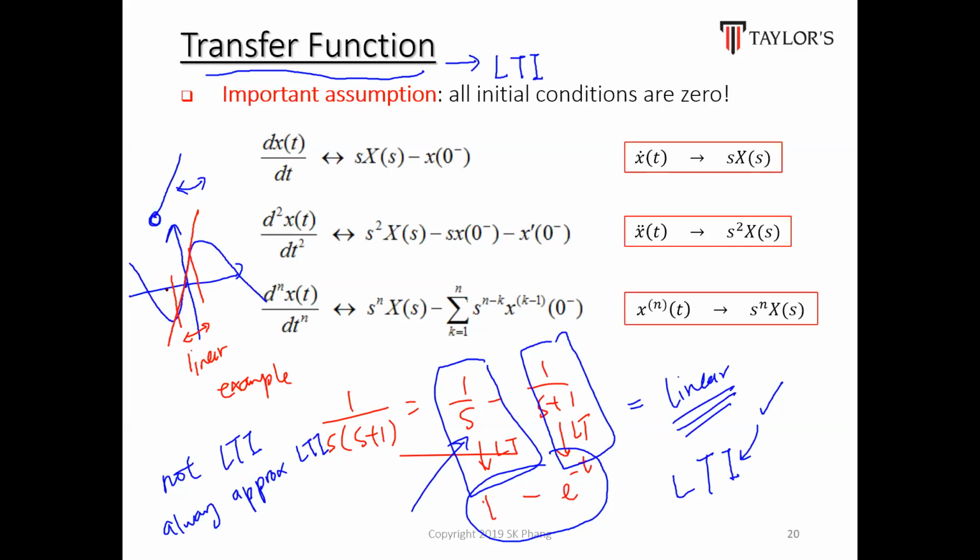But they know that this performance only holds when the angle is between these two limits, because between them the blue curve and the red line match very well. This process is called linearization. So most real world examples are not LTI, but they are approximated as LTI so that we can analyze them.